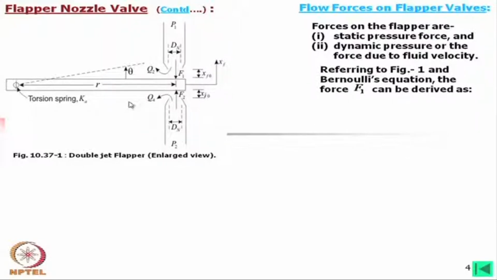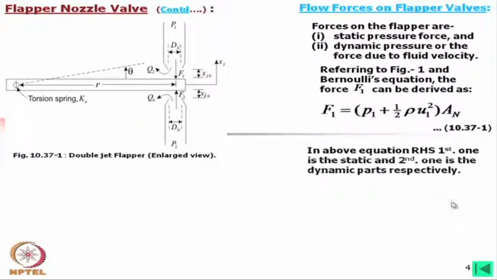Now, referring to this figure and considering Bernoulli's equation, F1, that is the force, can be derived as F1 is equal to P1 AN plus half rho U1 square into AN, where AN is the area of this orifice hole diameter. Okay.